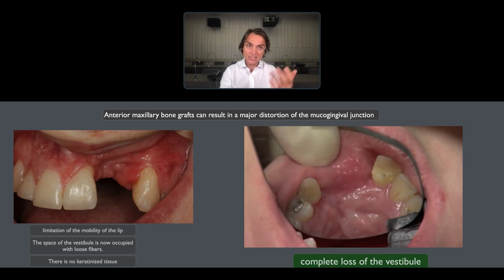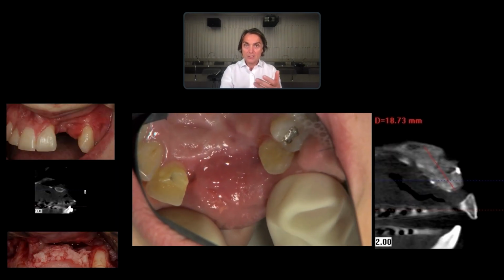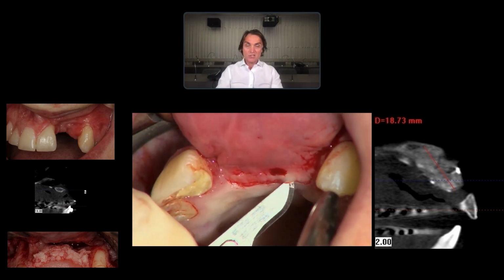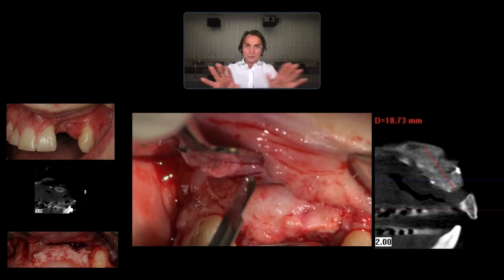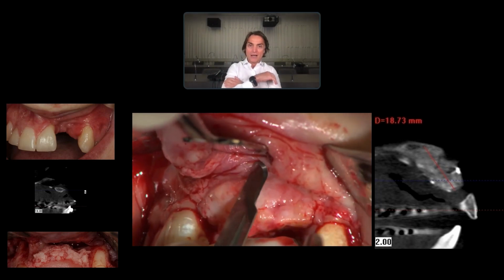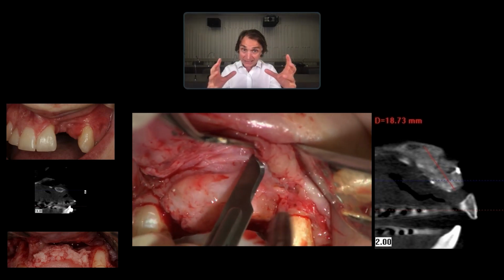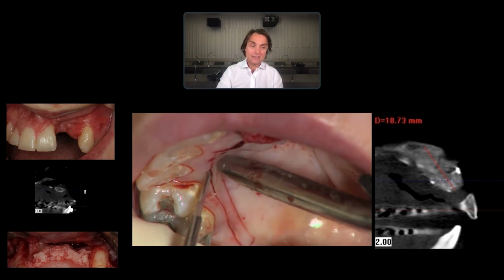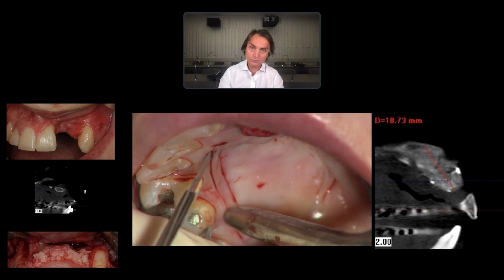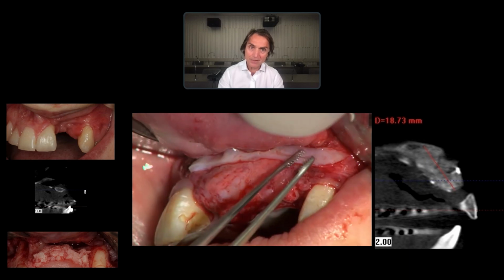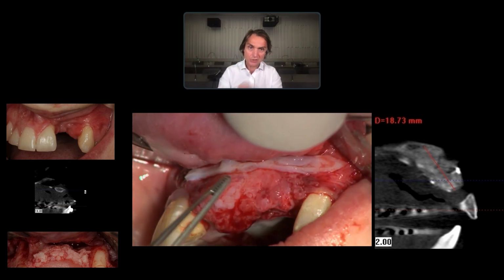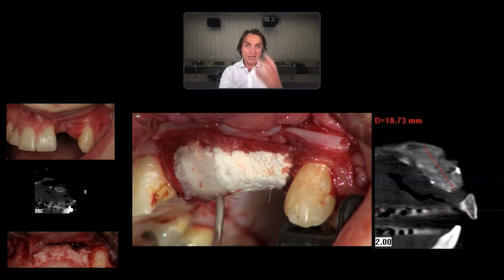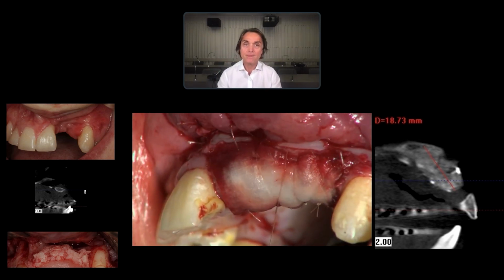Okay, so as you see here, there are problems in terms of complete loss of the papilla. So just to review, what you're going to do is an apically positioned flap. Potentially there was already a connective tissue graft to make the tissue thicker, and then there will be the baby kind of like anaconda strip graft, a mini free gingival graft for a source of cells, and the collagen matrix, which is the mucograft here.